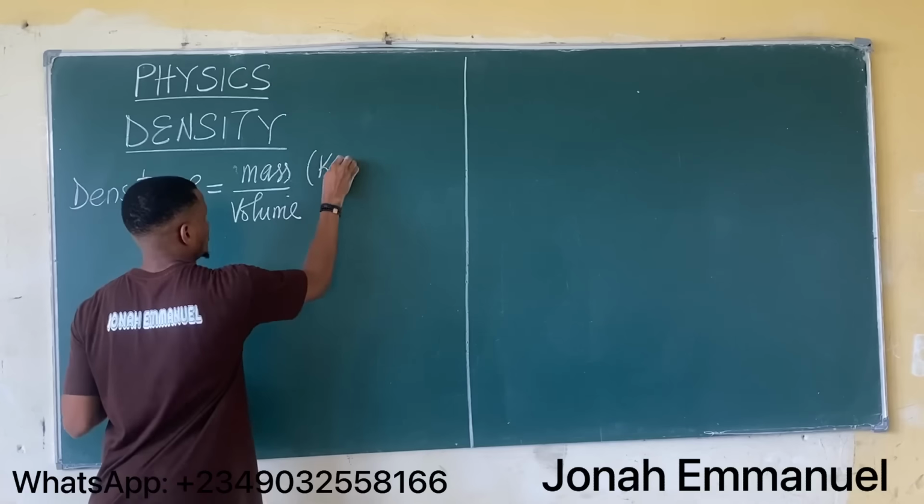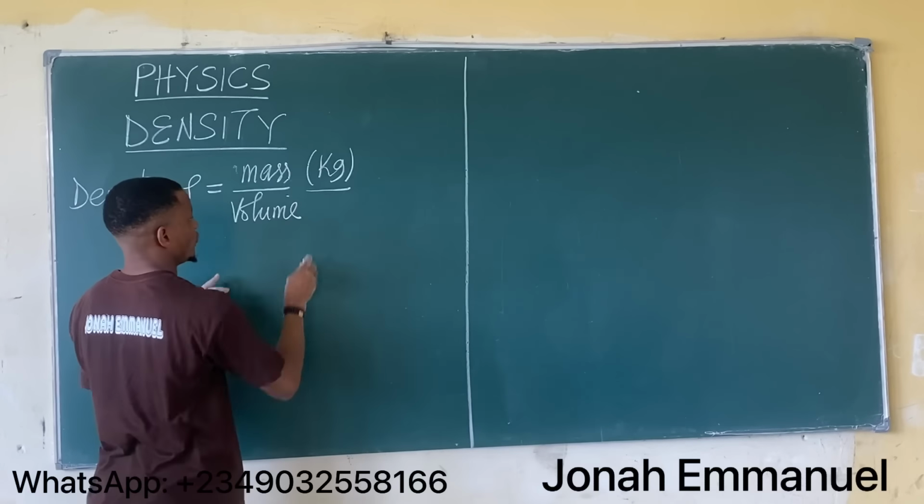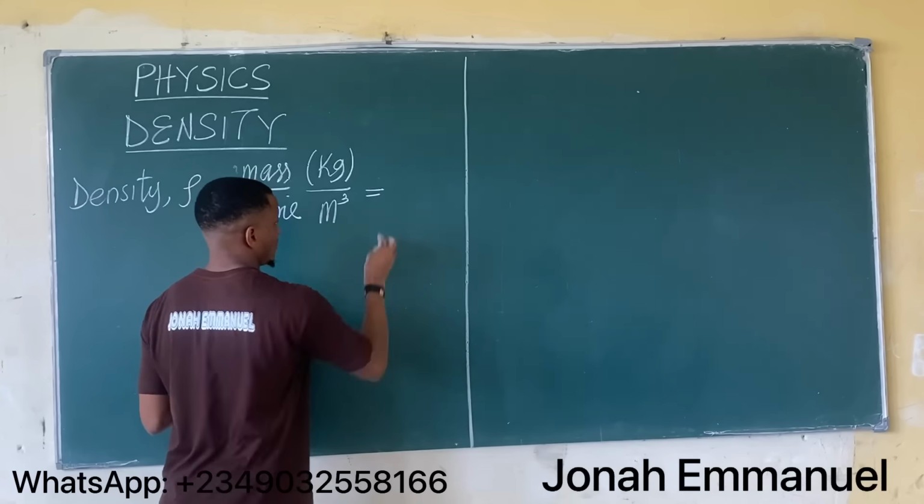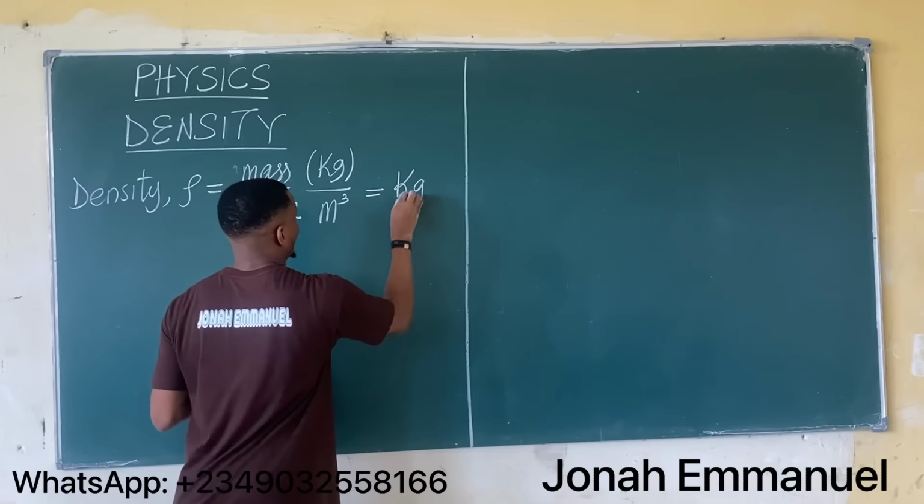Mass is measured in kilogram, all over volume, which is in meter cube. Therefore, my SI unit for density is kilogram per meter cube. That's kilogram meter to the power -3. So this is for density.